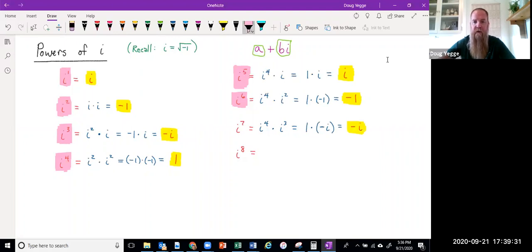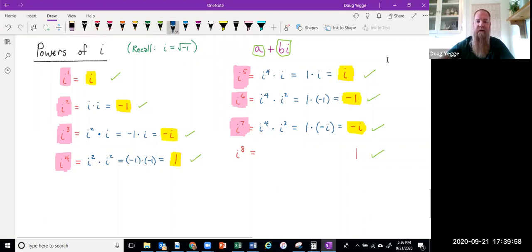And if you haven't noticed yet, we should realize that this pattern is continuing. i, -1, -i, 1. i, -1, -i. And if this pattern is continuing, then my guess is that this value down here is going to equal 1.